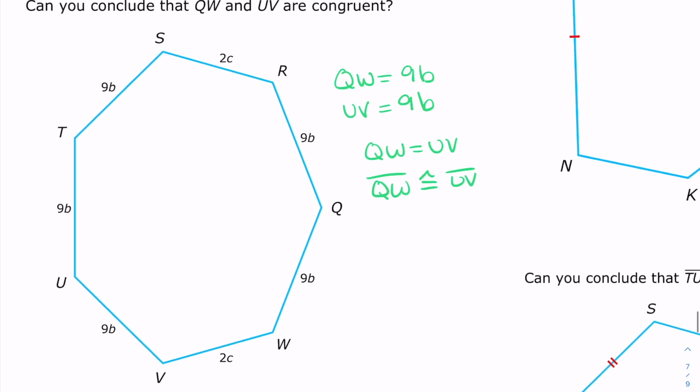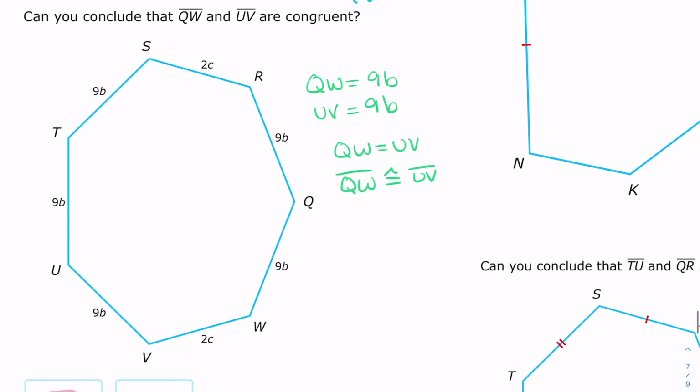So this is a yes, this is a true statement. Yes, these are congruent. And we're just basing on variables. Just because we know that 9B equals 9B, because whatever B is, it will make that equal.